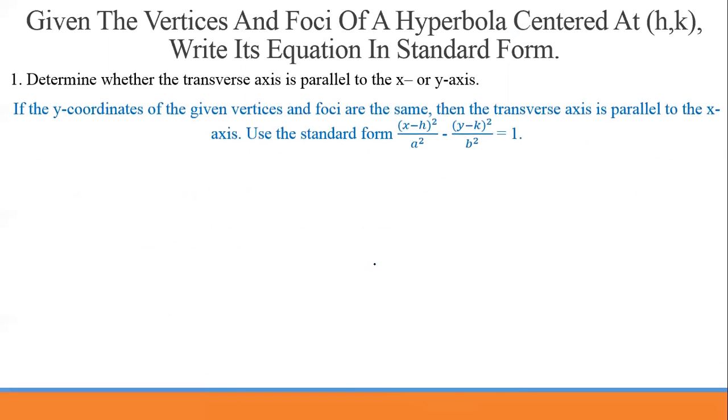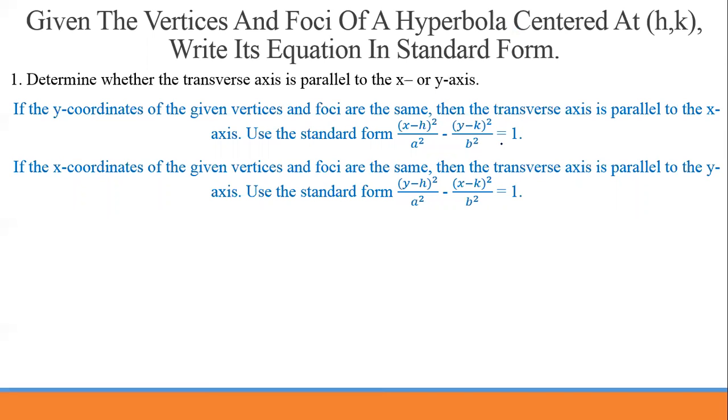If the y-coordinates of the given vertices and foci are the same, then the transverse axis is parallel to the x-axis, and we use this standard form. If the x-coordinates of the given vertices and foci are the same, then the transverse axis is parallel to the y-axis, and we use this standard form.